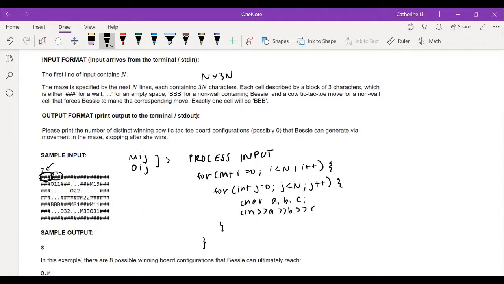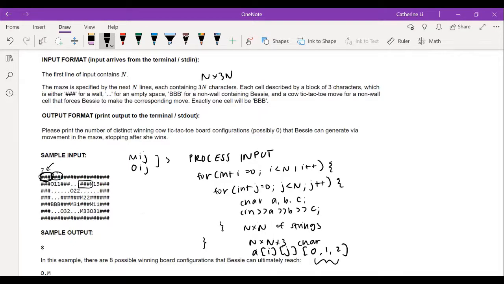And then after this, we can store this either as an n by n array of strings, or we can just do n by n by 3 of characters, where it's the array, then i, j, and then 0, 1, and 2 correspond to one place.